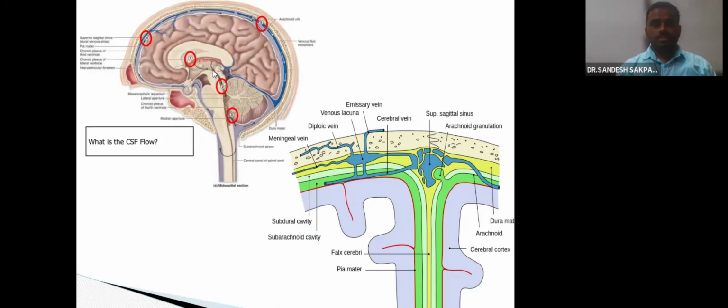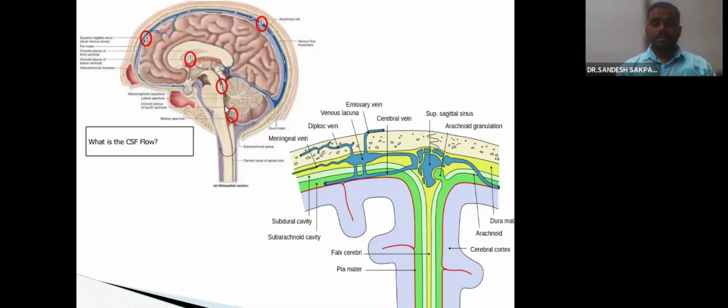CSF flow. Again, this is important to know, because in obstructive hydrocephalus, CSF is obstructed. It will cause dilatation of the ventricles. So how exactly does the CSF flow? It is created by the choroid plexus in the lateral ventricle, then it goes to the third ventricle. Then from the third ventricle to the fourth ventricle by the aqueduct of Sylvius.